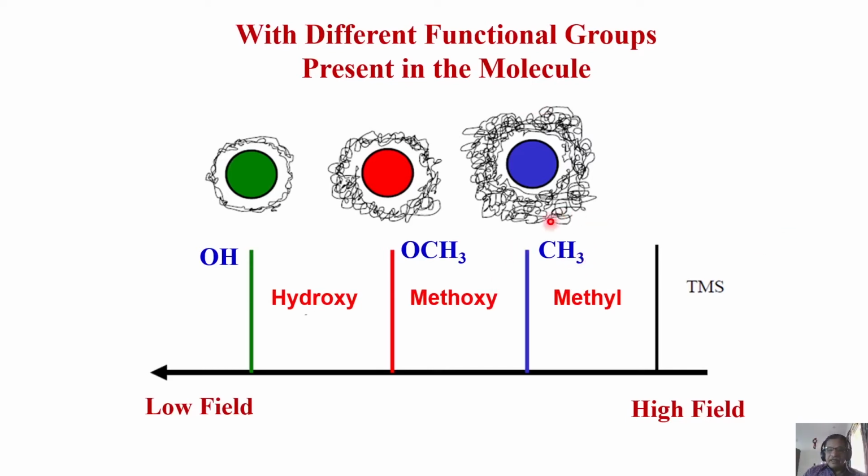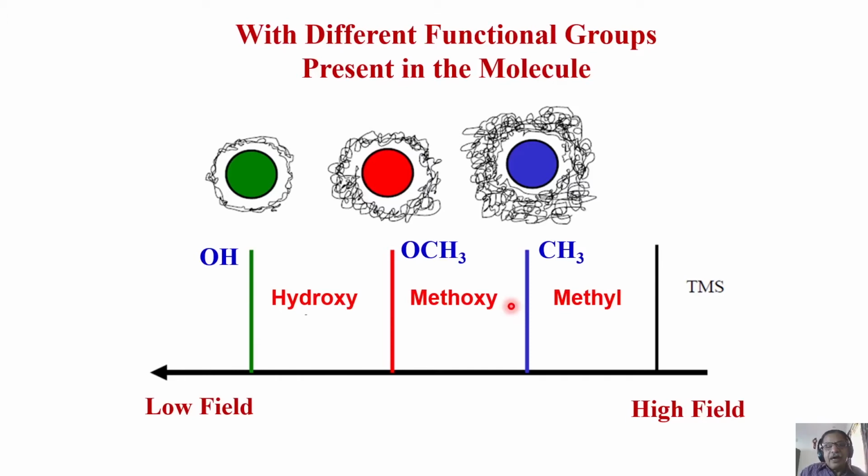So in a molecule where three different functional groups are present, for example CH3, OCH3 and OH, the logical conclusion is CH3 should come here, then OCH3 and OH, when you go from high field to low field. This is the order it follows. This is only a crude example I am giving. It may happen that because of neighboring groups, peaks may move here and there. I am not worried about that.